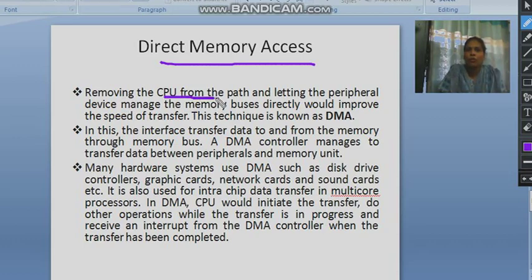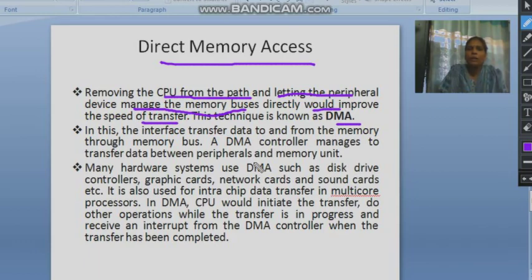Removing the CPU from the path and letting the peripheral device manage the memory buses directly would improve the speed of transfer. This technique is known as DMA. In this, the interface transfers data to and from the memory through the memory bus. A DMA controller manages the transfer of data between the peripheral and the memory unit. So there is no role of the CPU.